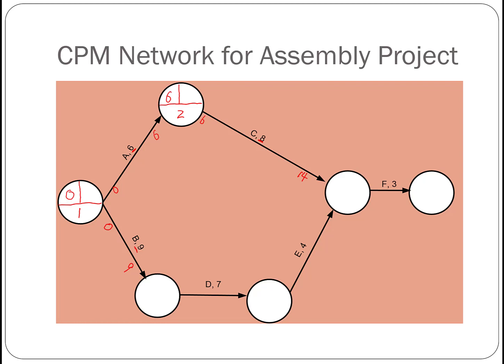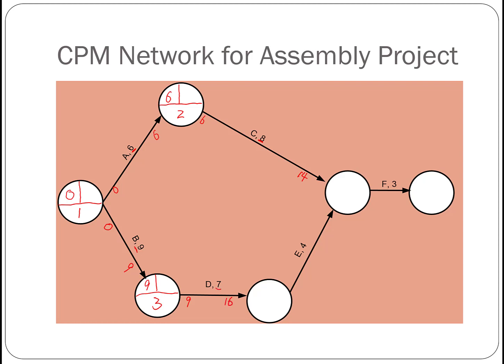And if we go down here, this node 3 represents the completion of activity B. And since B can complete by day 9, this event early date is 9. And that 9 will come to here to be the early start time of activity D. And 9 plus 7 is 16.